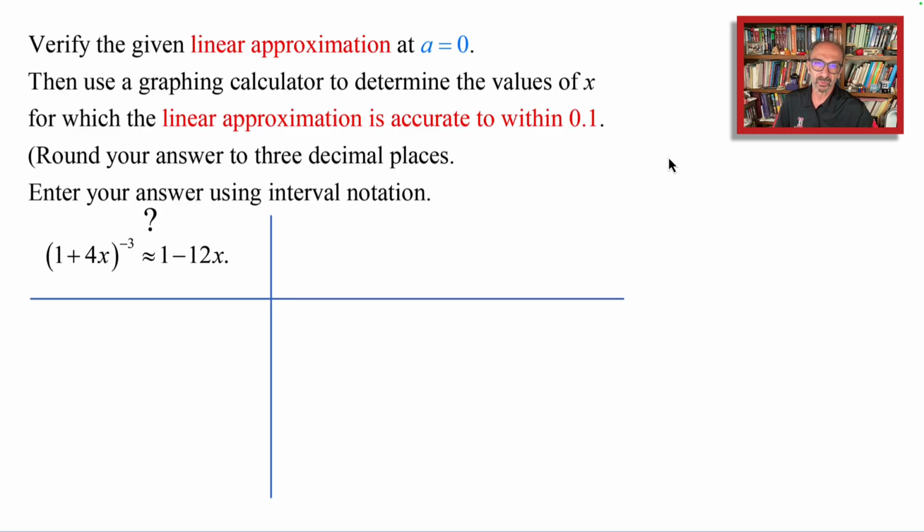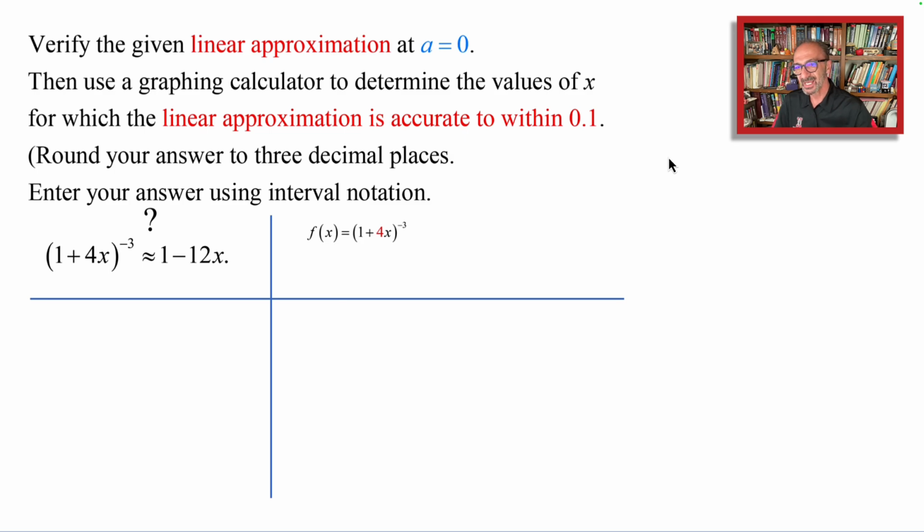In other words, what they're trying to say here is how far could you go away from a equals 0 to use this approximation and stay within an error of 0.1, not more. That's the whole idea. Now, we know that f of x equals 1 plus 4x to the power -3, if you remember from the first slides, and which is written right here.